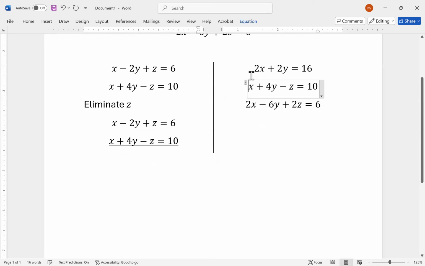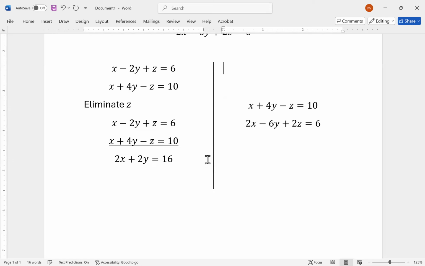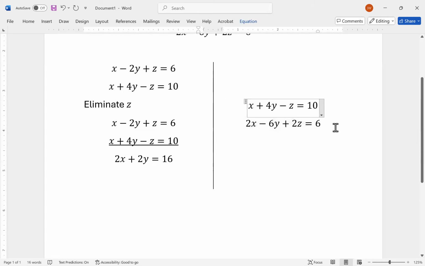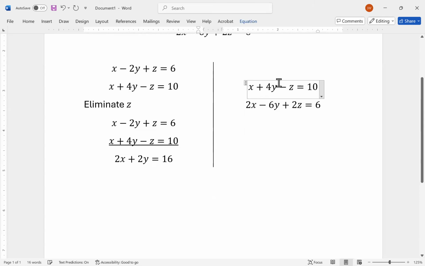On the second pair, let me give a little bit of space there. It's always weird when I'm dealing with this column-wise. So on the second pair, to eliminate the z, I'm going to multiply the first equation by 2.